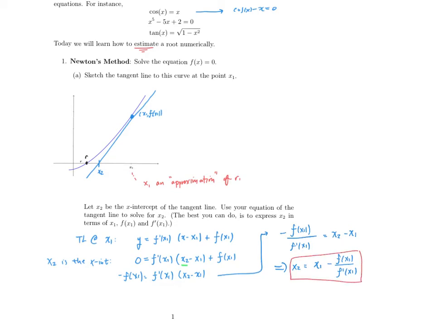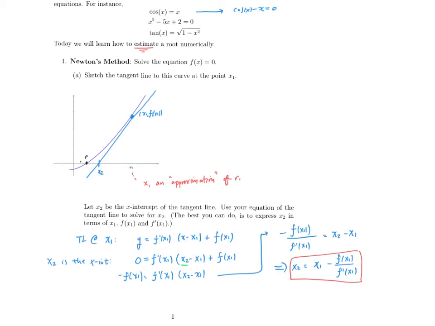So note, we're trying to approximate the value of the root r. x1 is an initial approximation that we can make. We draw the tangent line to the curve and find its x-intercept, which we call x2. And the idea is that hopefully x2 is going to be a better approximation to the root.